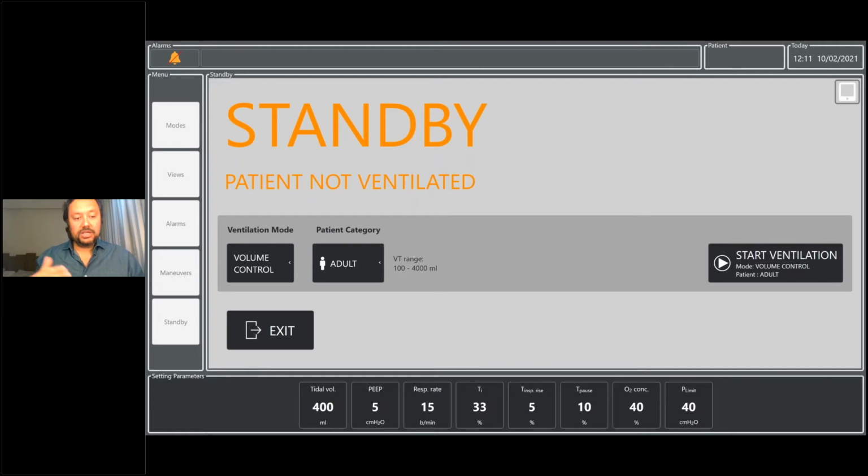So for simulation centers who do not want to invest in mechanical ventilators, for simulation centers who have beginners in mechanical ventilation and really cannot afford at the moment teaching them on a real mechanical ventilator, and for educators who cannot even see their students due to the high demand on mechanical ventilation training, this tool is excellent because it's also used for remote teaching. So you can be teaching your students remotely.